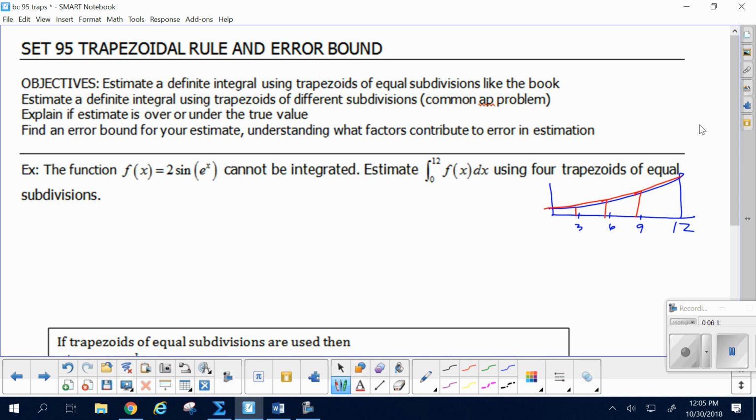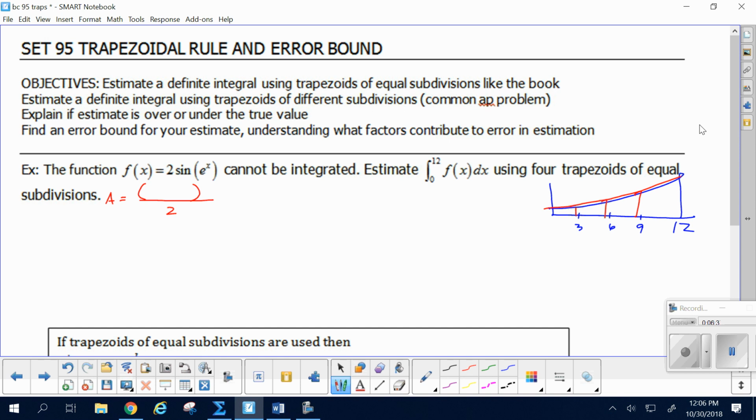For the first trapezoid, it would be something like base 1 plus base 2 times the height divided by 2, yeah? What's base 1? F at? No. First of all, bases in the trapezoid formula are not what run horizontal. That's ridiculous. Bases in a trapezoid are what run parallel.